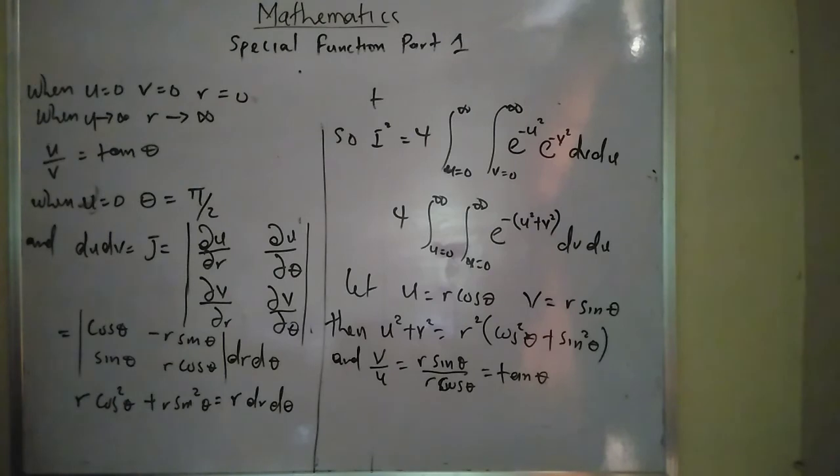It means my I squared will be equal to 4 times the integral of theta from 0 to pi over 2 and r from 0 to infinity of e to the minus r squared r dr d theta.